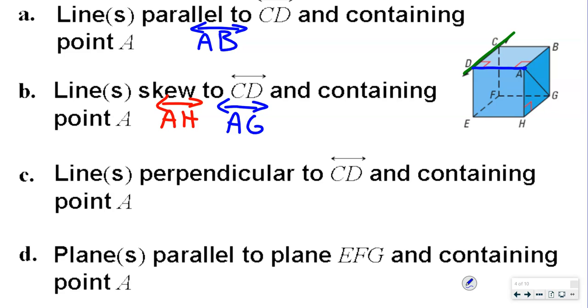So it would just be line AD. Line CB, we think would probably, well, actually we're not sure that that's perpendicular. So we do know AD would be perpendicular. It forms that right angle, intersects, and goes through point A.